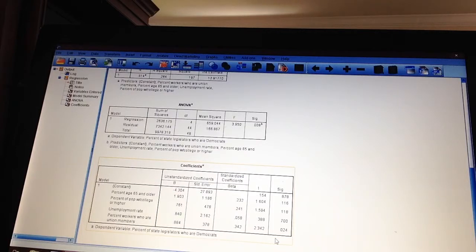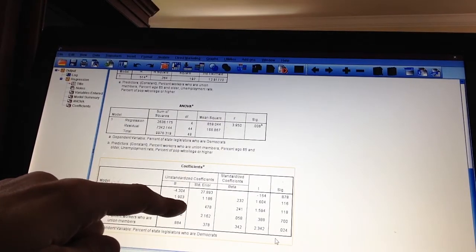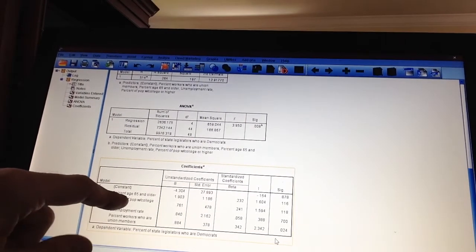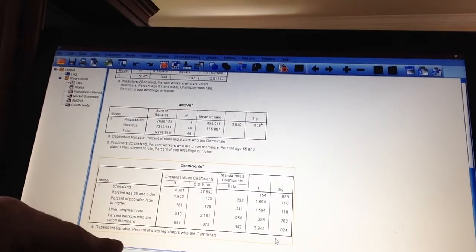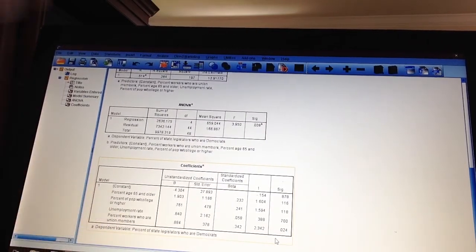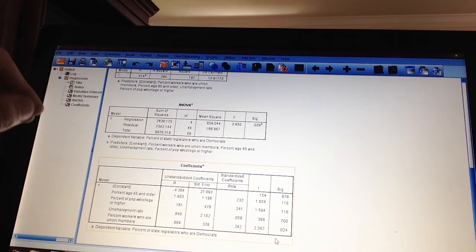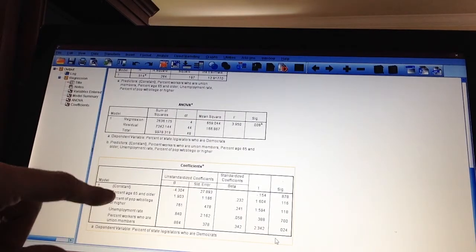So that's easy, right? The great thing about regression analysis is this unstandardized coefficient tells us the independent effect of the independent variable on the dependent variable when all the rest of these things are controlled. In other words, what SPSS does through statistics is it creates basically an experimental situation in which we've controlled for these 3 variables.